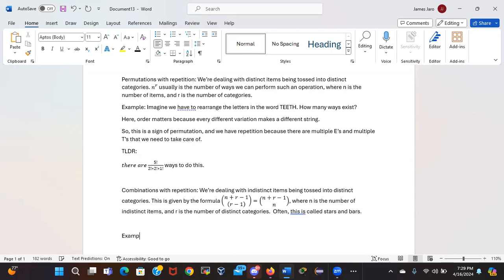So again, as an example, suppose I have to distribute 4 chocolate chip cookies amongst 7 people, 7 distinct people. How many ways can I do that?